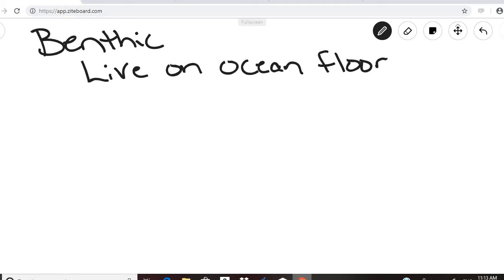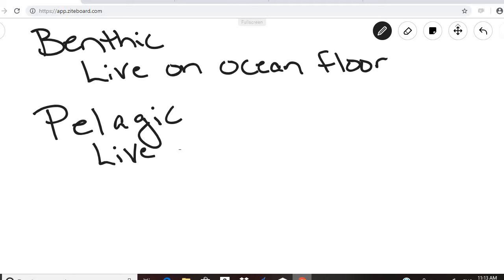And then the term pelagic refers to those things that live away from the ocean bottom.